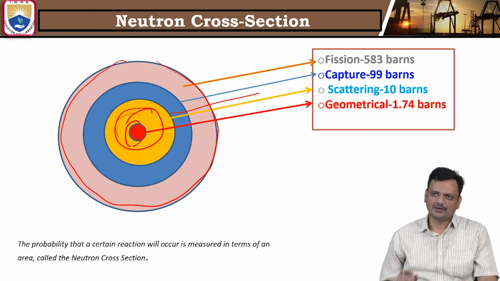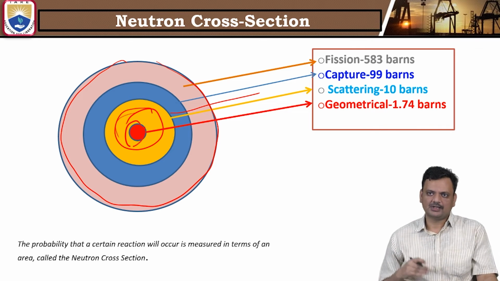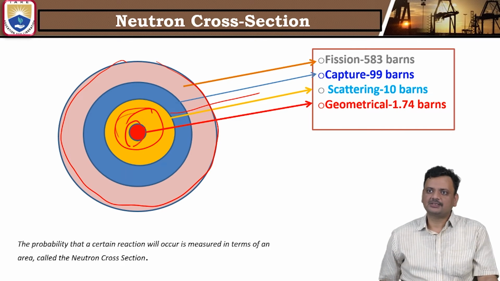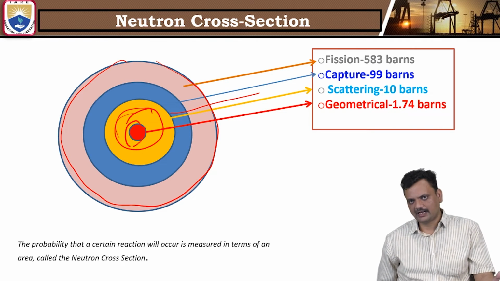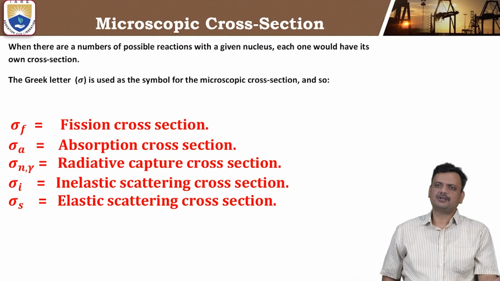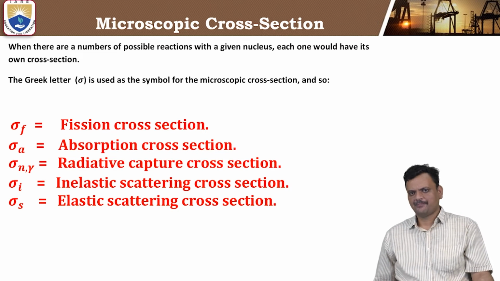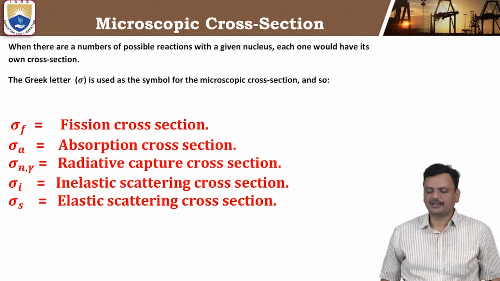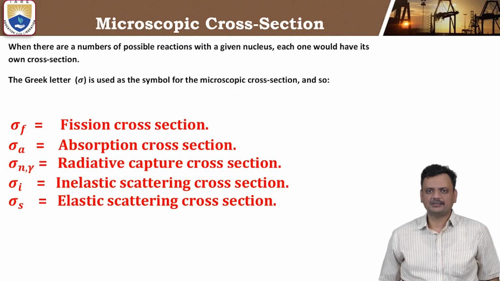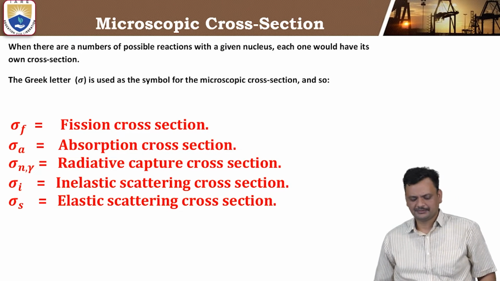If it goes for capture or absorption, it is a capture cross section. If it goes for scattering, then it is a scattering cross section. And if it goes for direct geometrical collision, then it is a geometrical cross section. Okay.